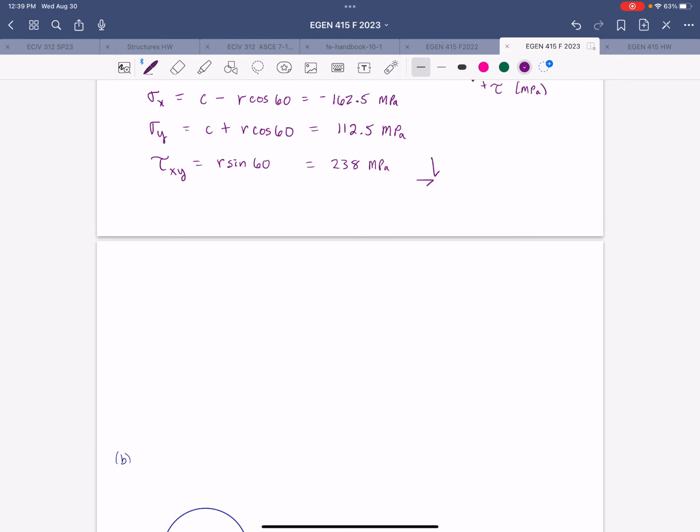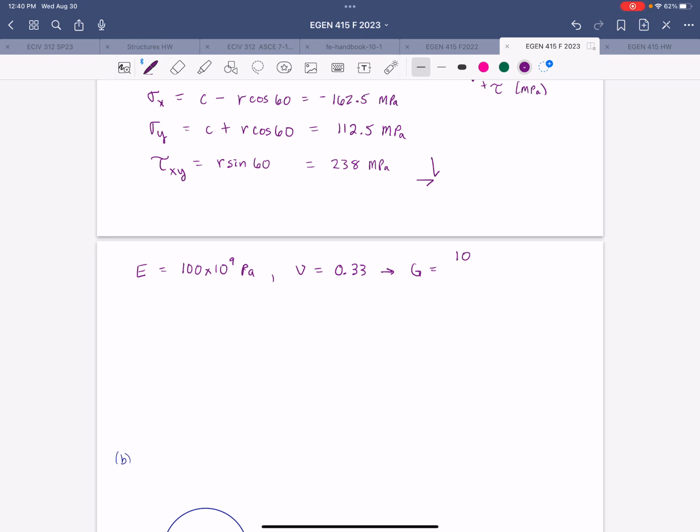All right, so now that we have our stresses, we can go ahead and calculate the strains. Young's modulus was given as 100 times 10 to the 9th pascals. And Poisson's ratio was given as 0.33. So we can calculate the shear modulus.